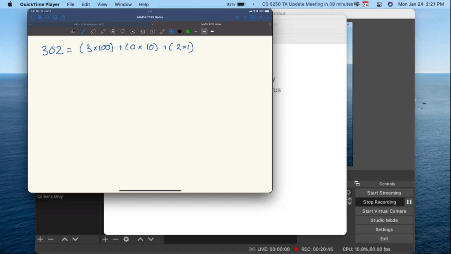So how many numbers can we represent with 3 digits? We can represent 0 through 999, right? So in other words, 3 digits can represent 10 to the 3 values.